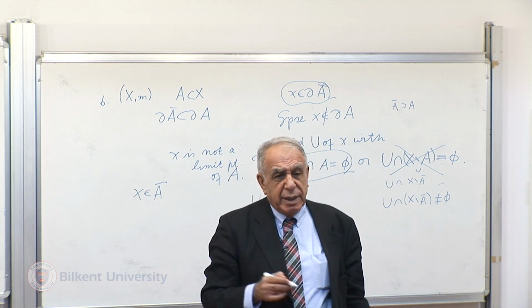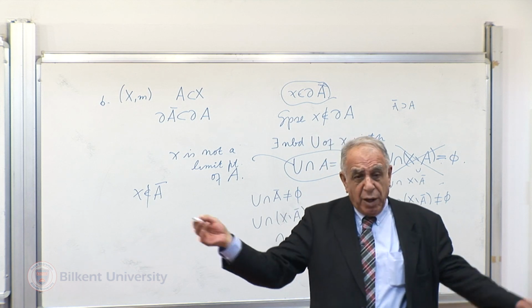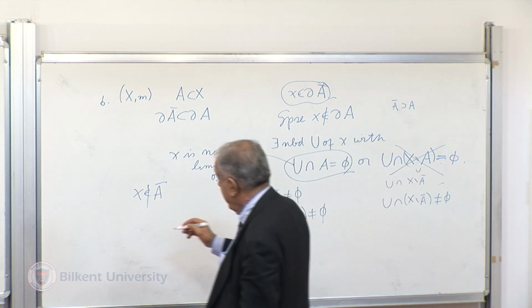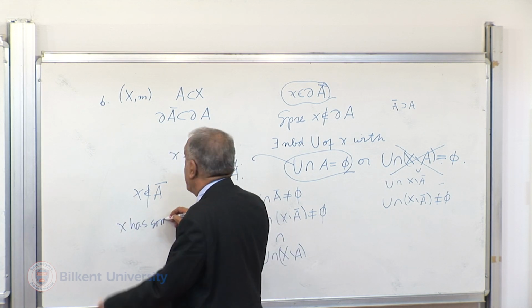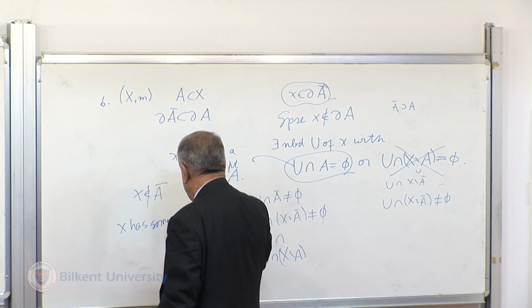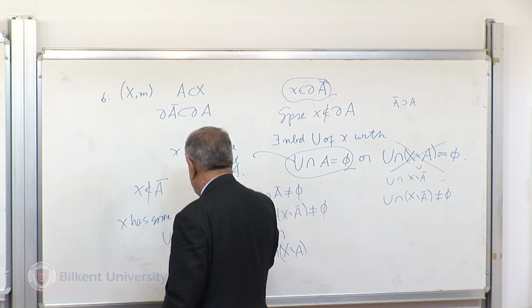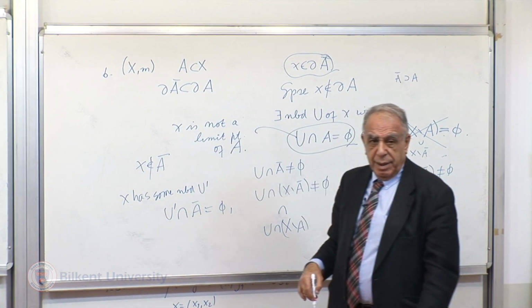But what do we know about A closure? x is not in A closure. It's closed. So this x has some neighborhood, or some epsilon ball, some neighborhood U bar such that U bar intersection A closure is empty.